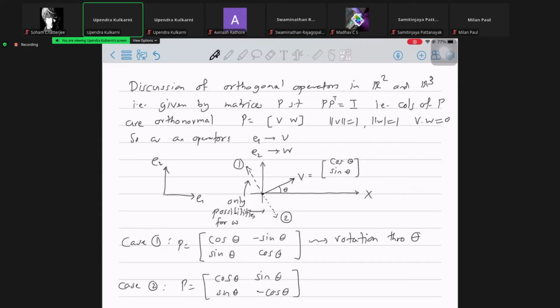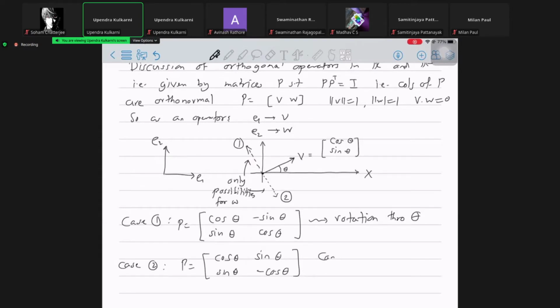So can we understand this geometry? Well, anyone? Sir, it is a reflection by the line passing through the x-axis and v at angle theta by 2. Okay.